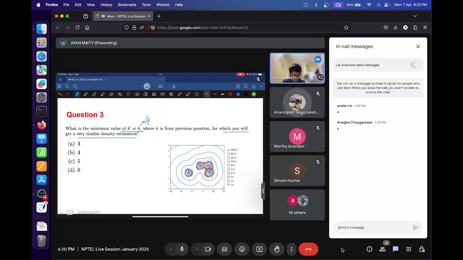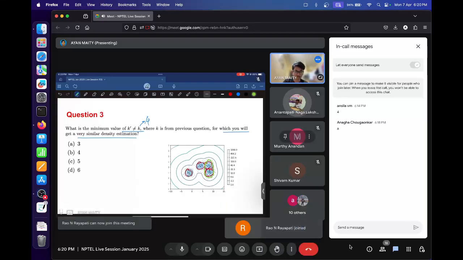Even if we combine these two clusters into one, the shape still remains a Gaussian shape. So we can treat these two as one if we want to minimize the number of clusters, and overall the probability distribution remains very similar.